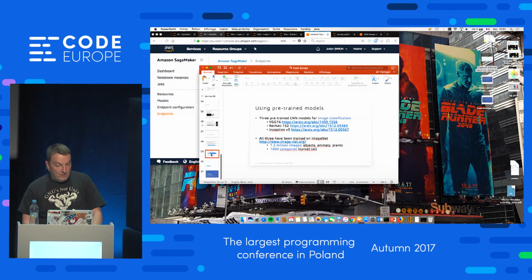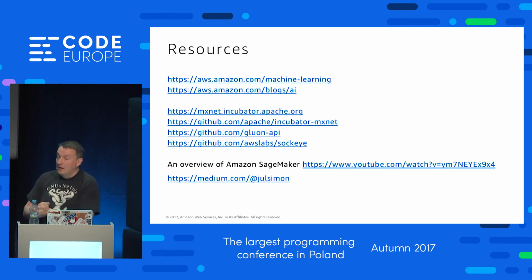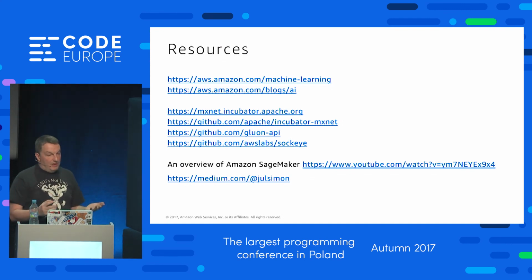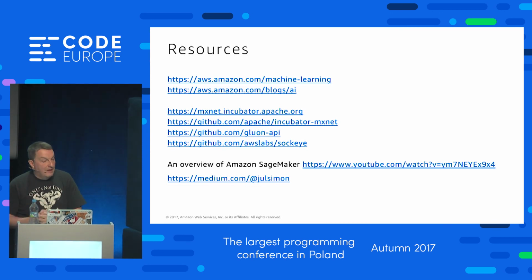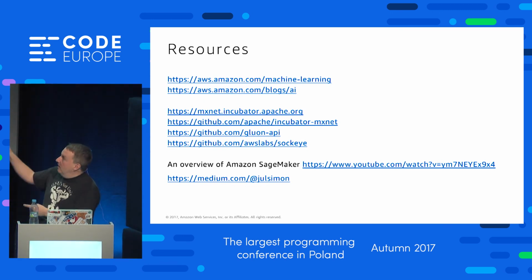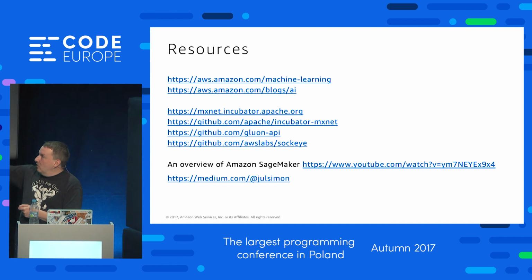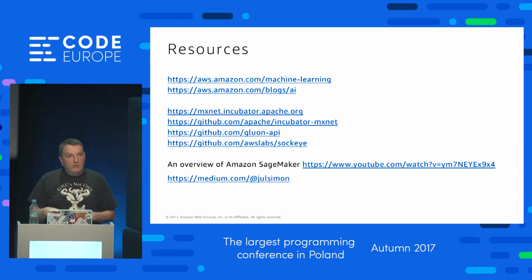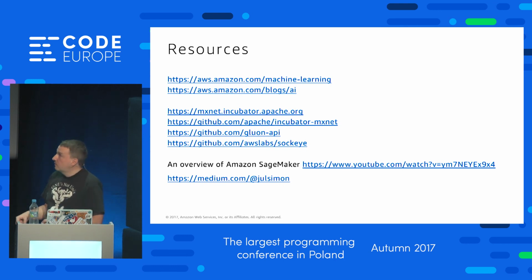Just want to point out a couple of things here. If you want to get started on all of this, these are the right pages to look at. Specifically, the MXNet website, and of course the repo on GitHub. There's another API in GitHub called Gluon, which is even simpler than the one I showed you.